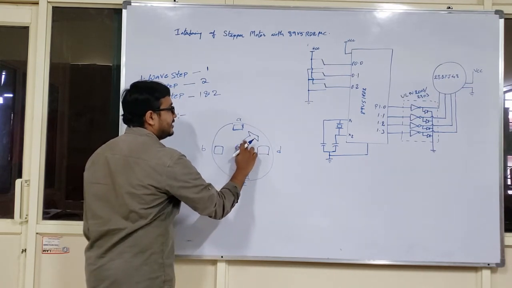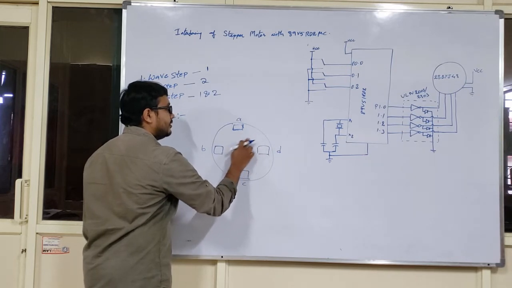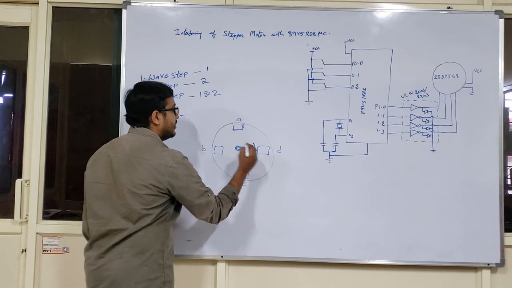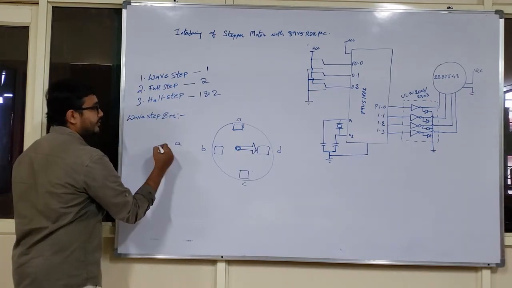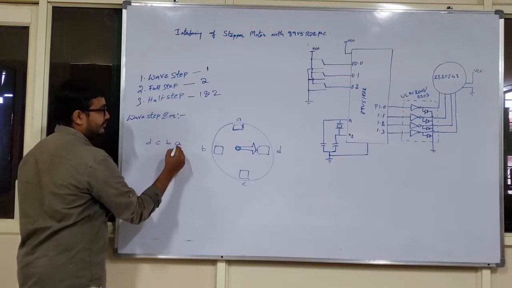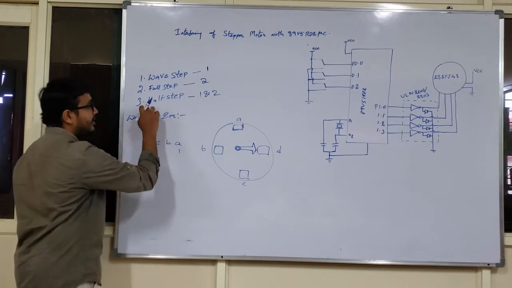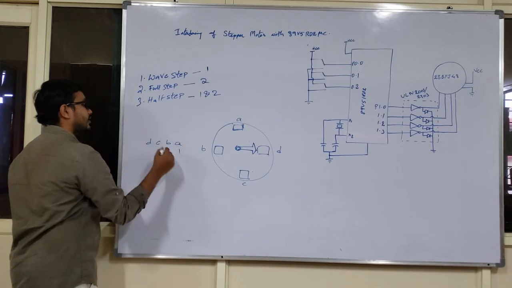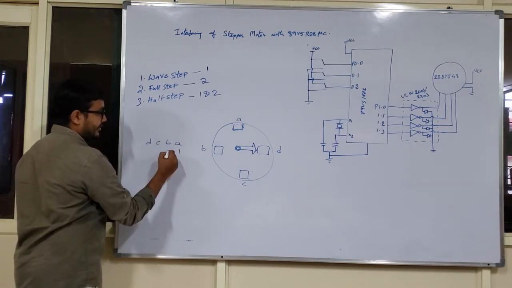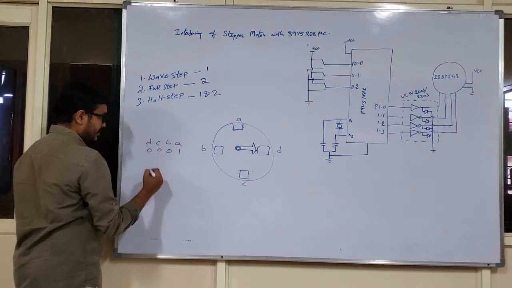In the very next pulse, my shaft pointer will be towards D phase. So here the scenario goes: A, B, C, D are the phases. Initially my shaft is pointing towards A, in the half step I am talking about now. My shaft is pointing towards A, means A phase is getting energized and the remaining 3 phases will be 0.